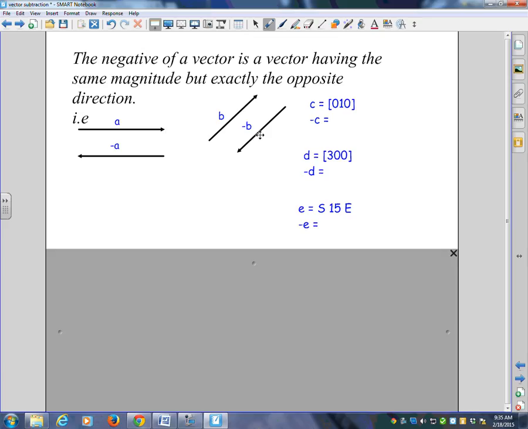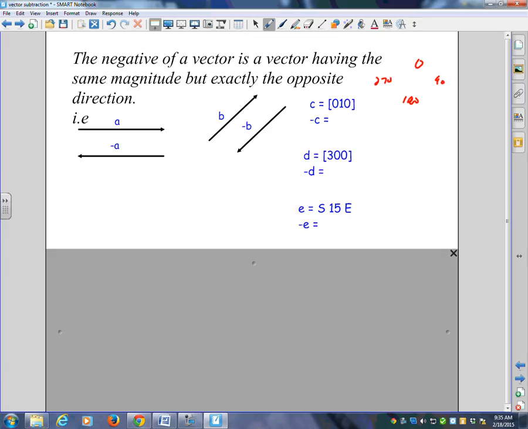If I said that vector C is in the direction of 010, or a 010 degree bearing, what would minus C be? What direction? What number? Remembering that 0, 90, 180, 270, right? So what would it be?